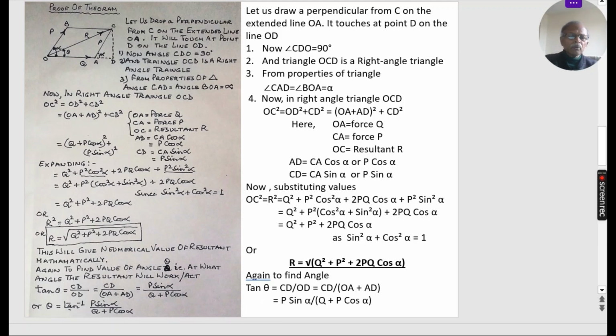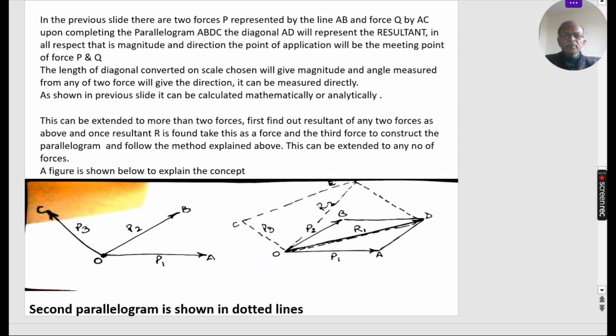Now we move further. This we can extend to more number of forces also.